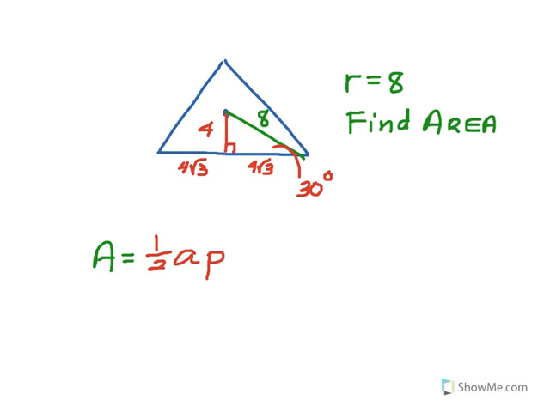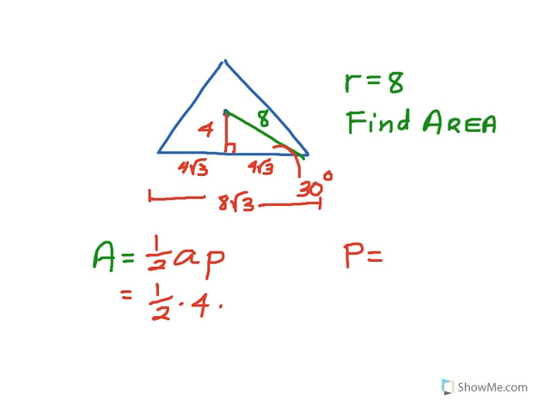here. So as far as the formula, the area is 1/2 the apothem times the perimeter. So the area is 1/2 the apothem, which is 4, times the perimeter. Across the bottom, this whole length is 4 root 3 plus 4 root 3, or 8 root 3.